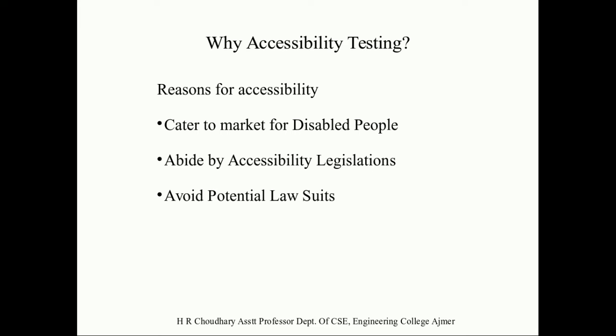Disabilities include blindness, deafness, physical handicap, or any other disorder of the body. A software product can cater to this big market if it is made disabled friendly. Accessibility issues in software can be resolved if accessibility testing is made part of the normal software testing life cycle.